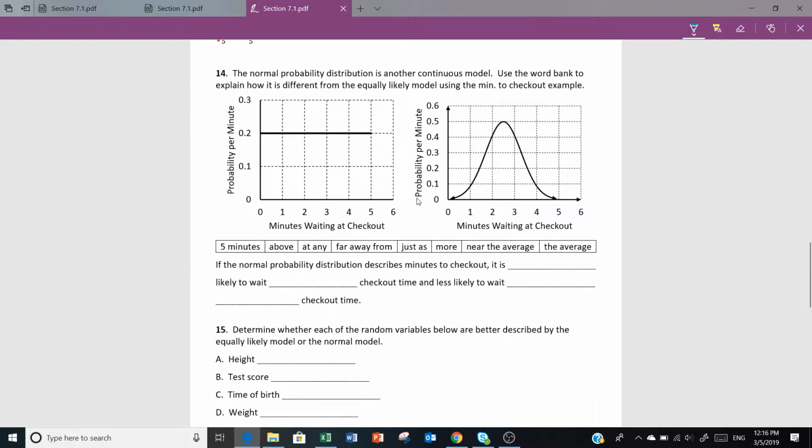These are both continuous? They're both continuous, but they're different continuous models because in this one, it's higher in the middle, so that means something about the likeliness of weighting near the middle versus the sides. Are you able to fill it out?